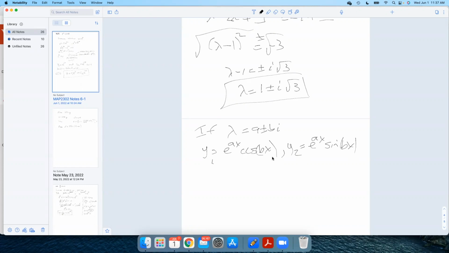And that's using Euler's formula and going through a whole bunch of math that you don't need to go through every single time. You just plug in like this.